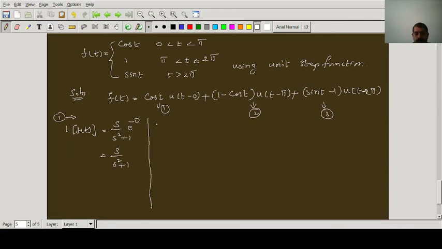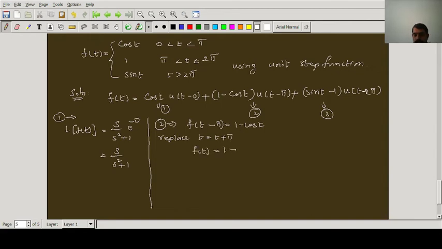Here, the second part. What is the second part? Here u of t minus pi is there, so f of t minus pi is nothing but 1 minus cos t. So we must first find the Laplace of f of t. What must we do? We must replace t with t plus pi, so that we can write f of t.